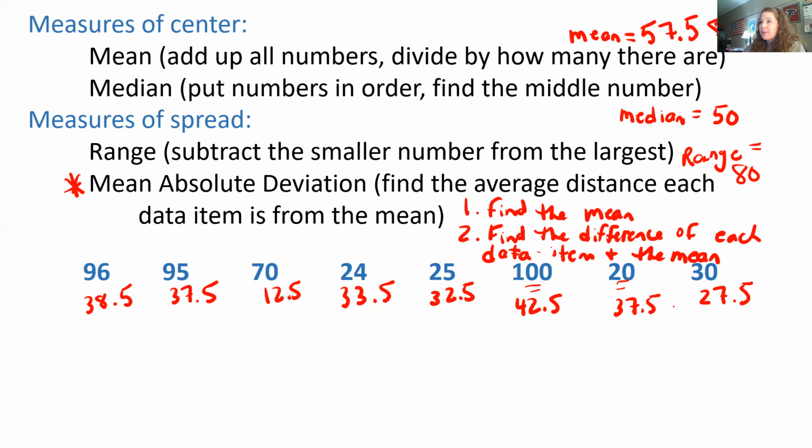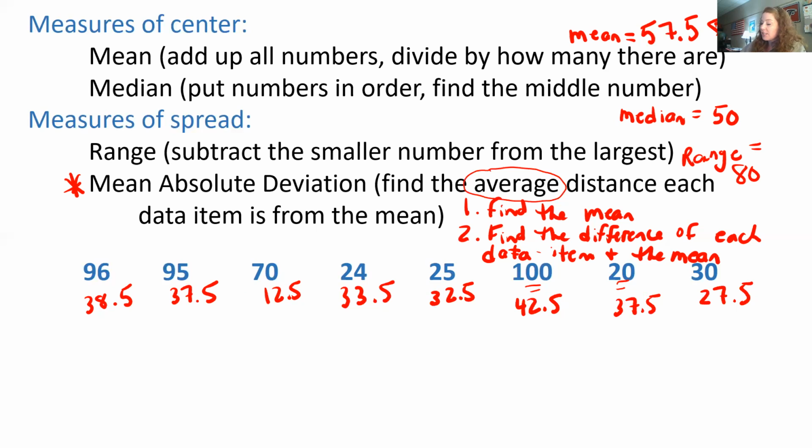And the last step is to find the mean or the average of the differences. So now we're going to find the average of these differences. So we're going to add up 38.5 plus 37.5 plus 12.5 plus 33.5 plus 32.5 plus 42.5 plus 37.5 plus 27.5.